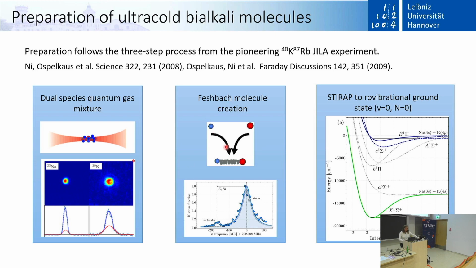Then we associate the atoms to Feshbach molecules by direct RF association, so from the threshold to the bound state using RF photons. And then we do the STIRAP from the triplet ground state to the singlet ground state via some electronically excited state where there's a resonant mixing between a triplet and singlet character in those two potentials.